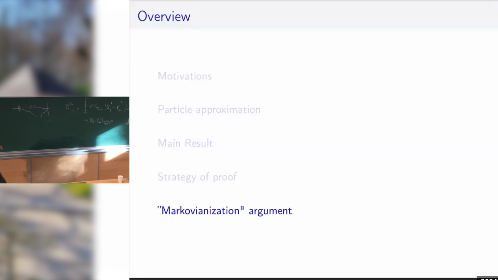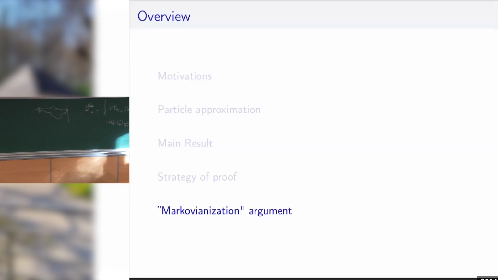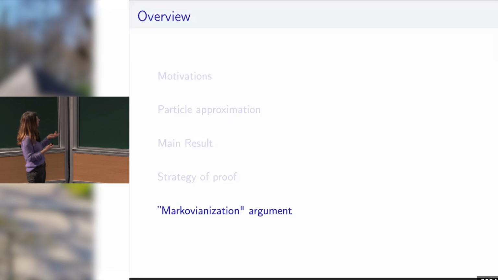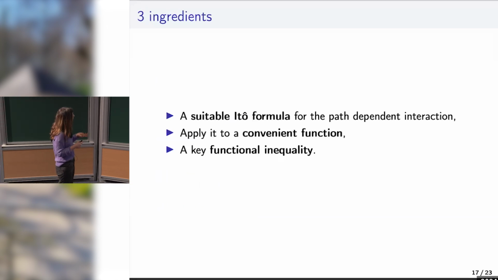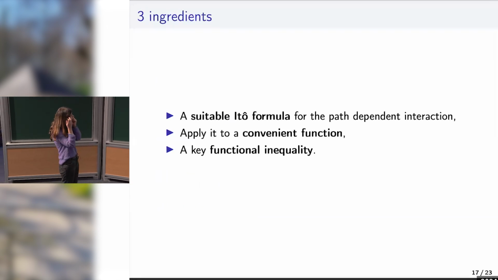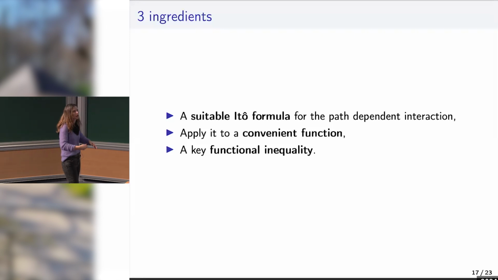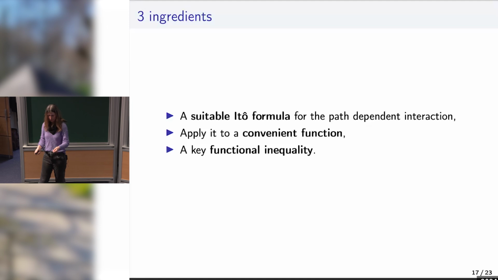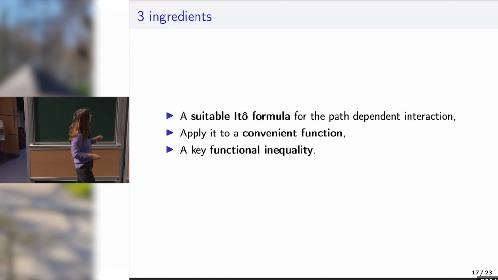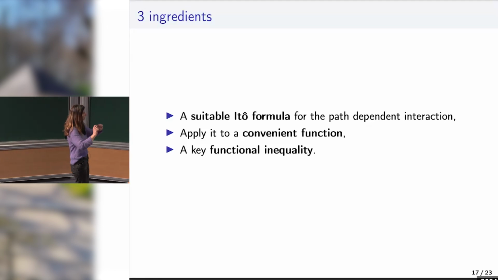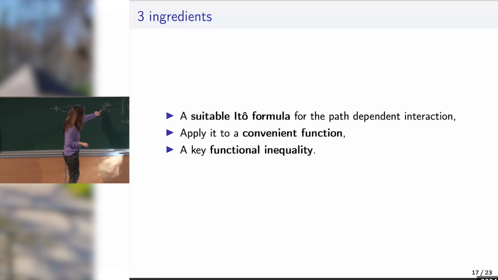The idea was that there are 3 ingredients to do this. You need a suitable Ito formula. So we work a priori on the particles, so we suppose they are defined, then we work with them, then you can add an epsilon everywhere, and that works. You need a suitable Ito formula to see the evolution in time of these terms.